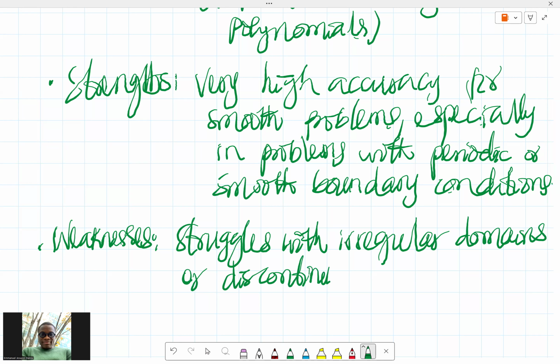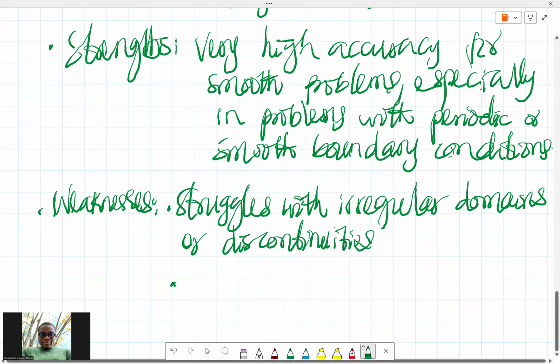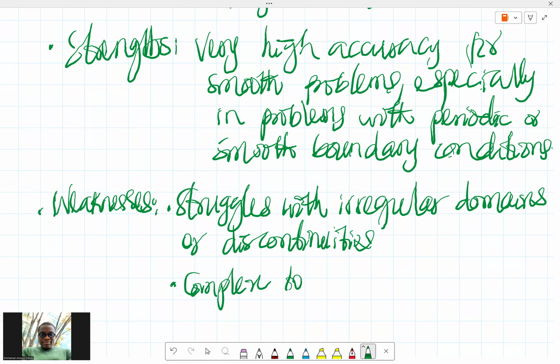So once the function is not smooth, it doesn't work too well. Another point is that it is complex to implement. If you refer to the video, you discover I was just going on endlessly. But thank God for coding that makes it a bit easier. So it is complex to implement.